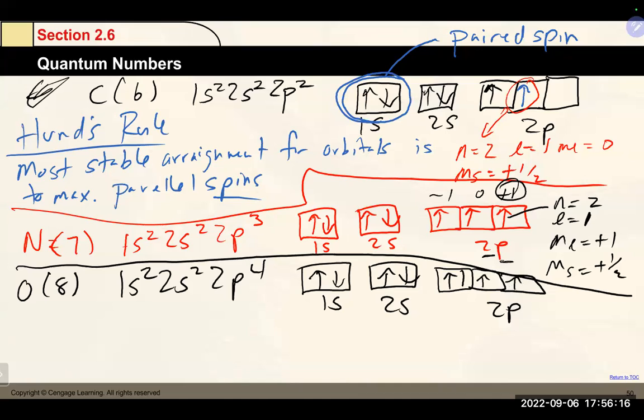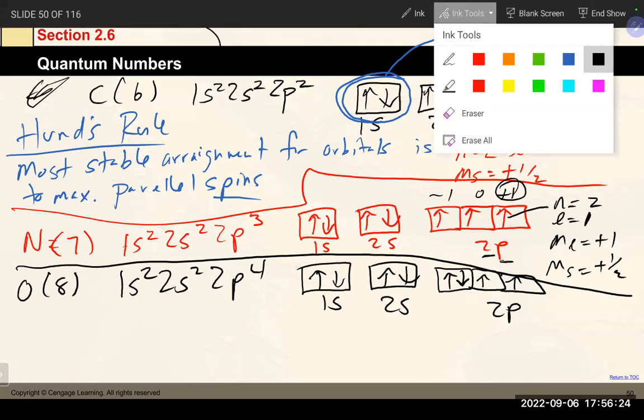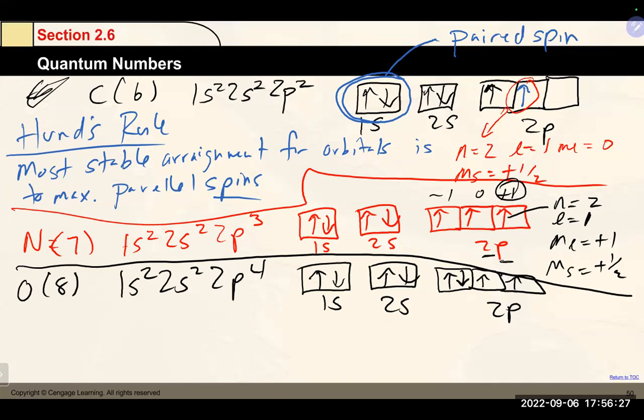Now we're going to come back to the first orbital and pair up the spin there. For this last electron that we put in there, n is equal to 2, L is equal to 1. M sub L is now back to -1 as it's back in the px orbital, but our spin here is going to be -1/2, which is going to make it different than our first electron that went into that particular orbital. Any questions on that there?